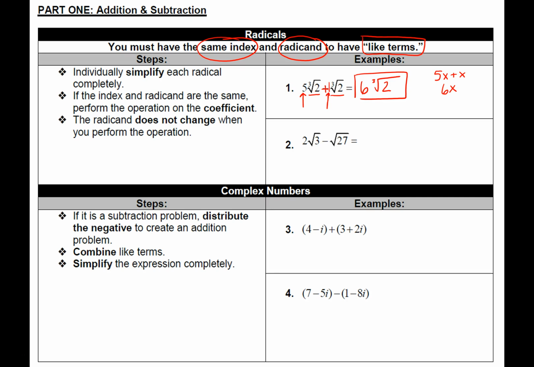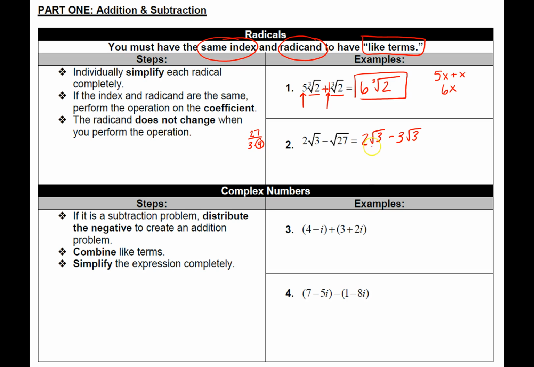All right, the second one is a little bit more challenging because we need to simplify first. The square root of 3 does not simplify, but 27 is 3 times 9, and that's a perfect square, so we need to simplify it. So I'm going to leave this 2 square roots of 3 alone, but the square root of 27 I'm going to write as 3 square roots of 3, because the square root of 9 is 3, so it comes outside.